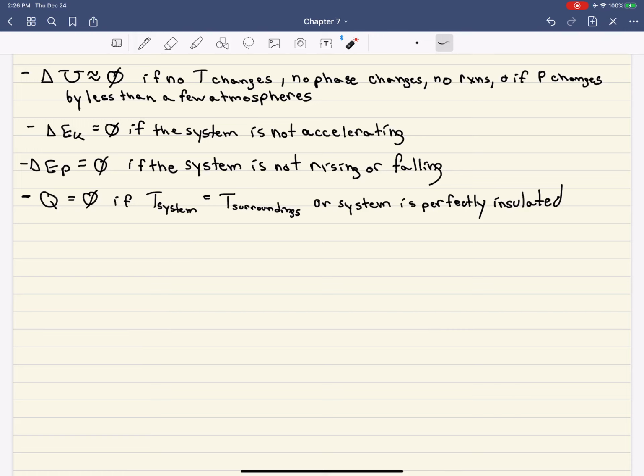At the same time, if it's not possible for energy to transfer from the surroundings to the system because there's some sort of insulation going on, that also means that your Q is going to be equal to 0. Okay? And I just want to remind you that whenever you see the term adiabatic, all that means is that your Q is equal to 0.